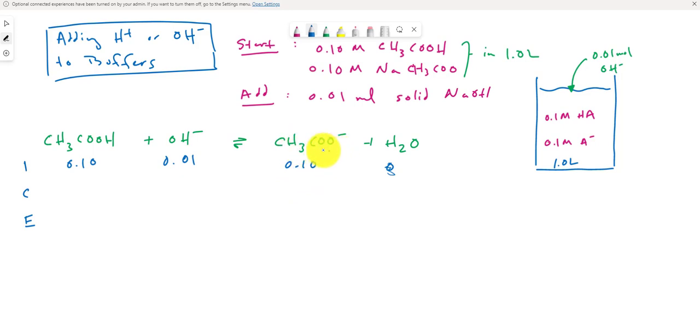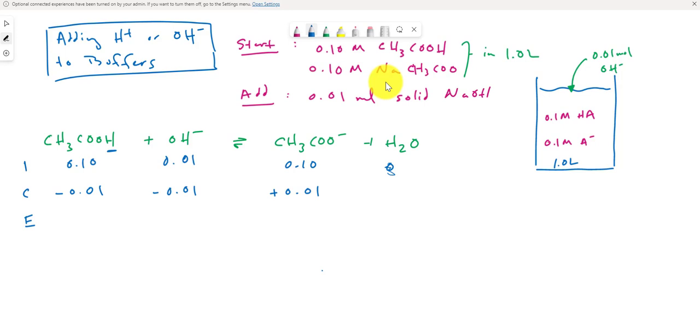And so the change here would be that this amount of hydroxide, that 0.01, all of that's going to react because this has such a large equilibrium constant. So all of that's going to get destroyed. And in doing so, the hydroxide is grabbing this proton, which means it's reacting with and destroying that molecule HA. So that means the same amount of that is going to be destroyed. And we can say the same amount, 0.01, is going to be created for the acetate, because for every 1 mole of the acetic acid we destroy, we create 1 mole of the acetate.